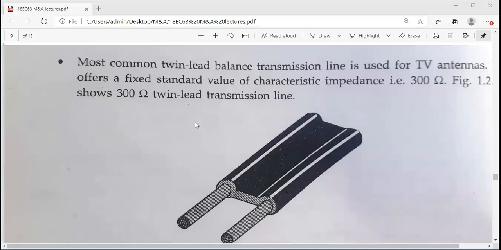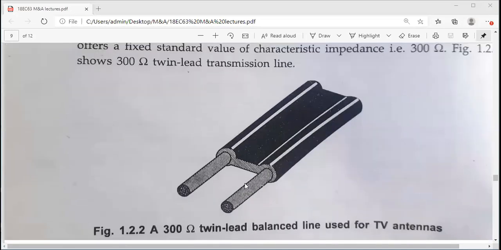You can see this also. This is also one kind of transmission line. Have you seen this? I think it's very obsolete now. The TV sets that used to come earlier, I had told you, when you used to have antennas on your terrace. That is called a Yagi-Uda antenna.